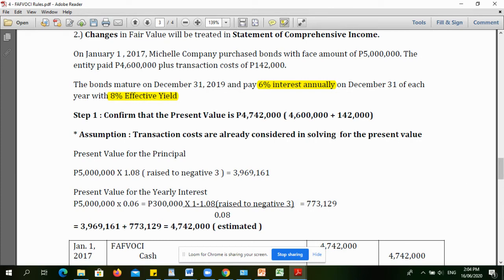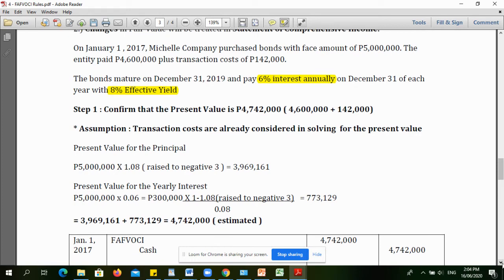So step 1, we confirm that the present value is 4,742,000. So ang ginawa natin, we added the 4,600,000 and 142,000, which equals 4,742,000.